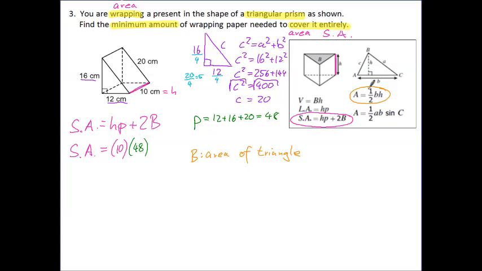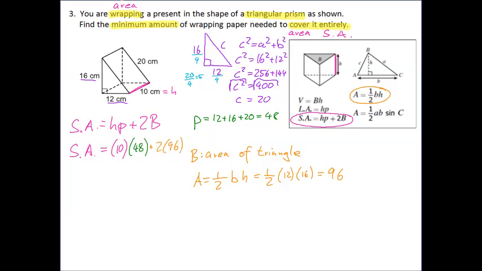The area of a triangle is 1/2 the base, lowercase b, which is the length of the base, times h. That's equal to 1/2 times 12 centimeters, the base of our triangle, and 16 is the height. 1/2 times 12 is 6, and 6 times 16 is 96. And we need 2 times the 96.